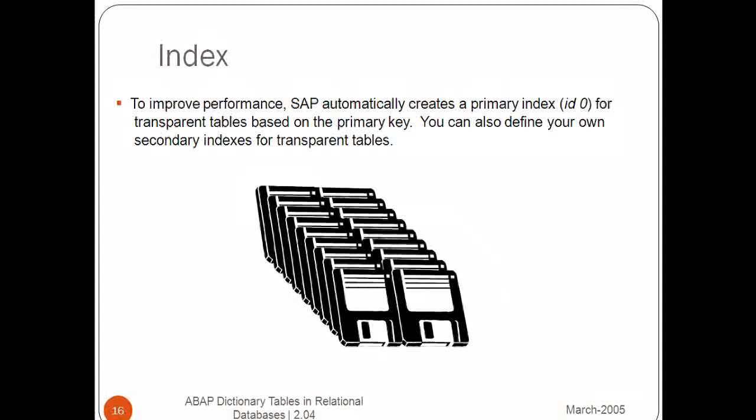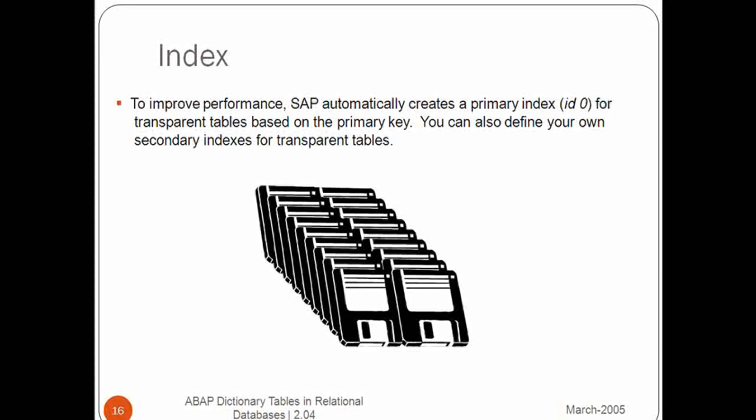Now the next important topic is index. What exactly is an index? The basic concept of index: suppose I pick the Airtel table example again. This is a table that holds the records of your address.